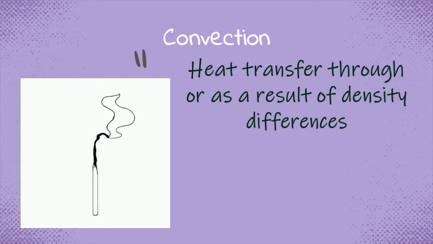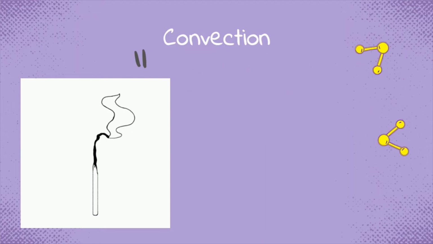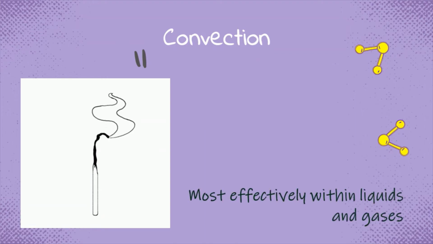That is purely because of the process of convection. You see, what's happening is the flame is causing the air to expand, and when it expands, it becomes less dense than the surrounding air and therefore floats upwards, and with it goes some of that heat energy. And this is going to occur most effectively within liquids and gases.